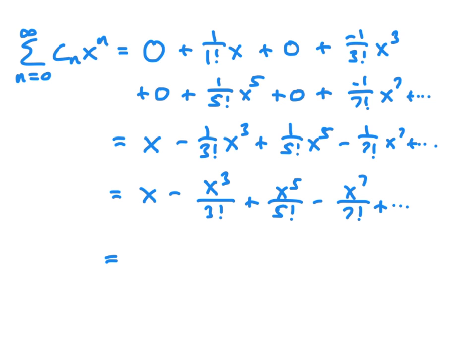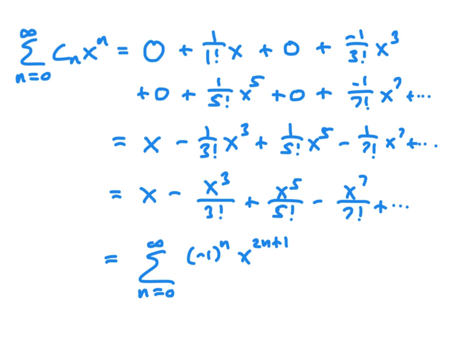And now we can write this really clearly and really compactly as a series in sigma notation as the series from n equals 0 to infinity of negative 1 to the n. That will give us our alternating sign that starts with a positive, times x to the 2n plus 1.